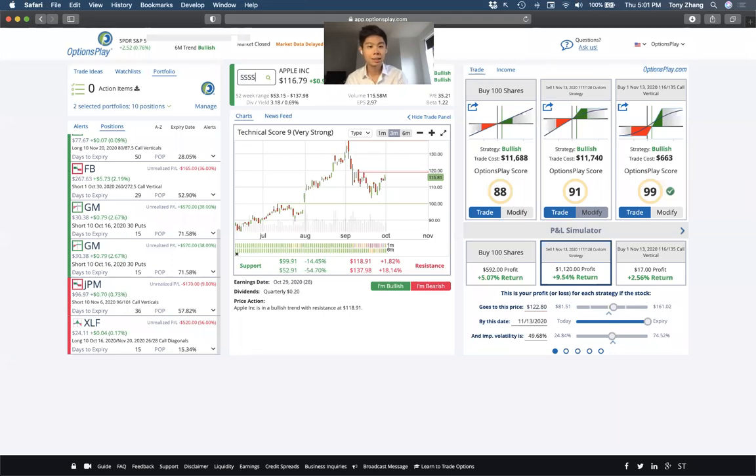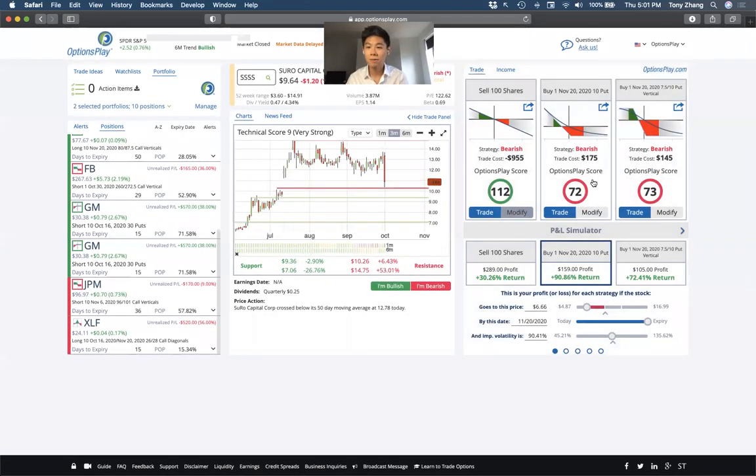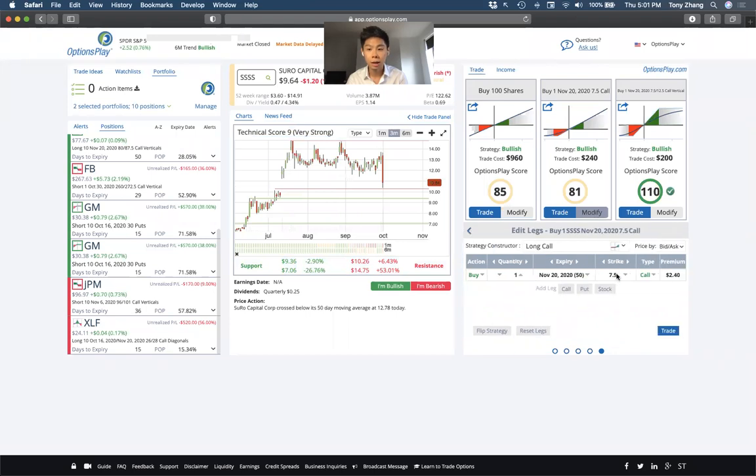Jacob is long SSSS, which I've never heard of, Sura Capital. And I think this is going to have the same problem as the CODX, the Co-Diagnostics one, where perhaps the options are not very liquid. So you own this stock at 14. Here's an example of a stock that I think has already gone too far to be able to do this.